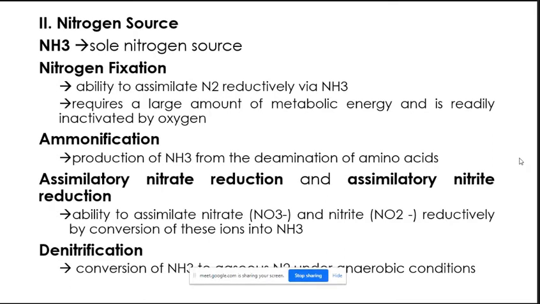Then, of course, when you say denitrification, dito nyo ma-apply lahat yung medical terminologies nyo. When you say denitrification, it's the conversion of ammonia to N2 to nitrogen under anaerobic conditions.